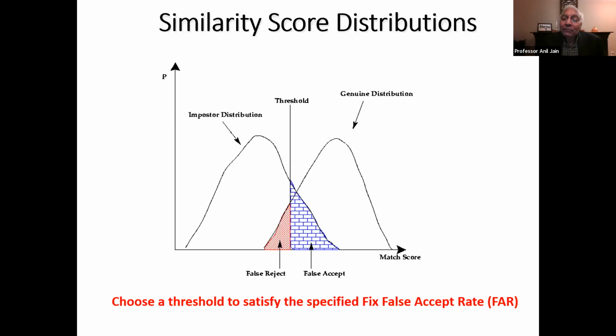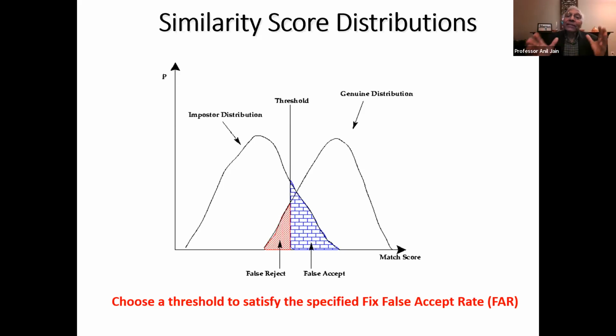Typically, the false accept rate used in fingerprint recognition is 0.01%, which is 1 in 10,000. So in 1 in 10,000 cases, my fingerprint recognition system will accept PC's fingerprint as Anil Jain's fingerprint.